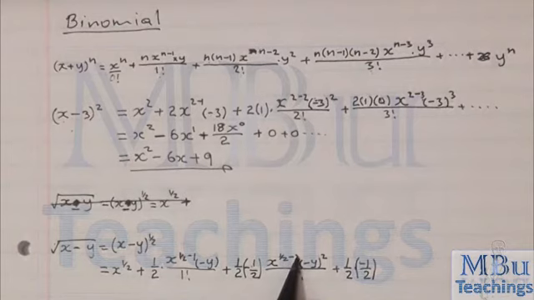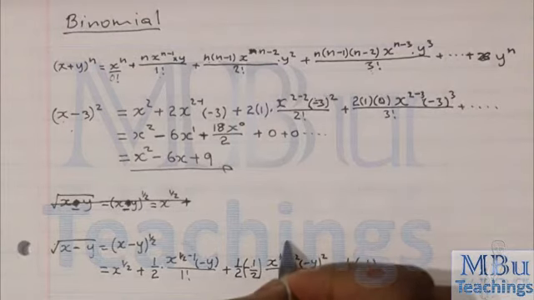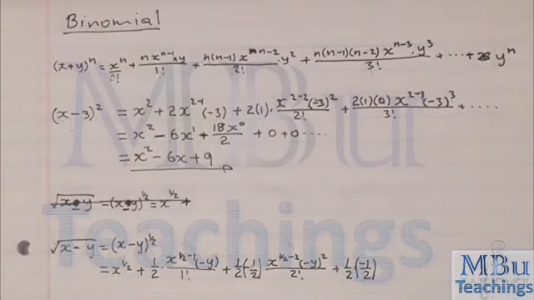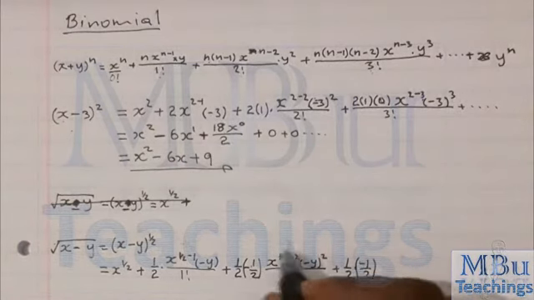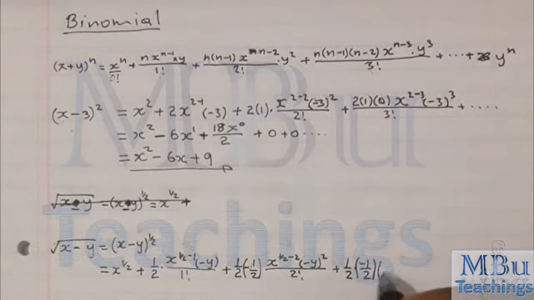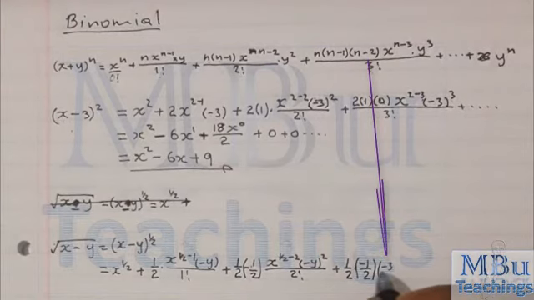2 times negative 2 is negative 4. 1 minus 4 is equal to minus 3. So here we have negative 3 over 2. So you come here and write that negative 3 over 2.